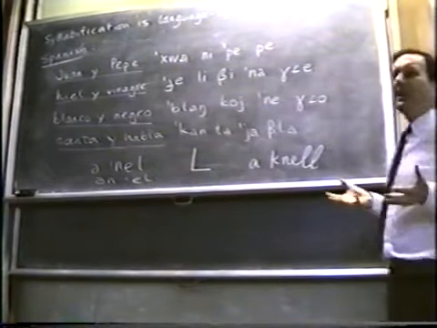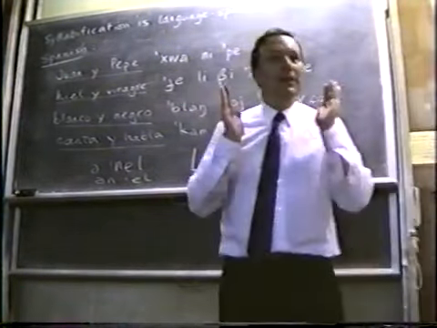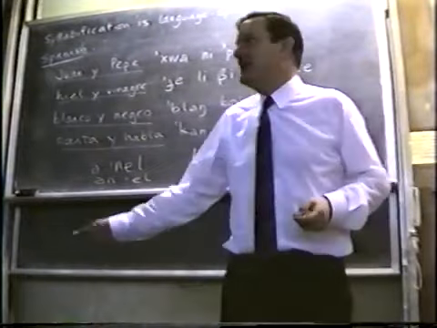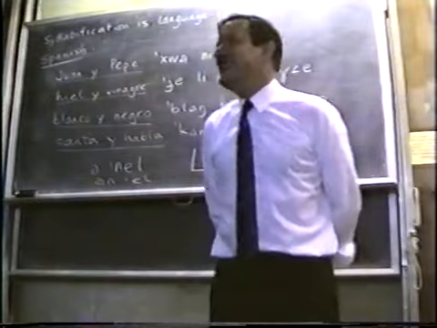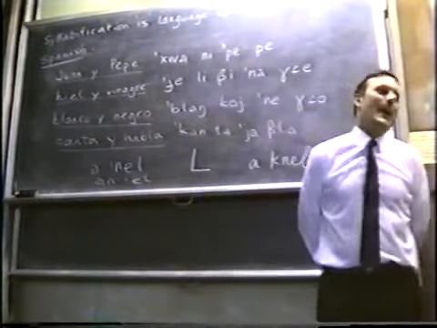Now, a tease has full aspiration of the T, a tease, compared with stand at ease. You don't get aspiration of the T. Indeed, Americans, some Brits, will voice that T, stand at ease. Londoners may make it into a glottal stop, stand at ease. You don't get that with the initial T, a tease.